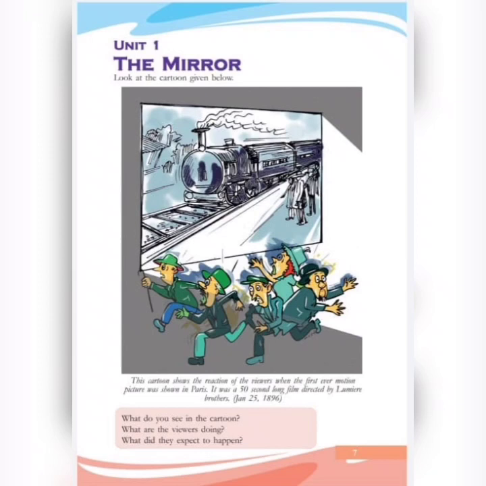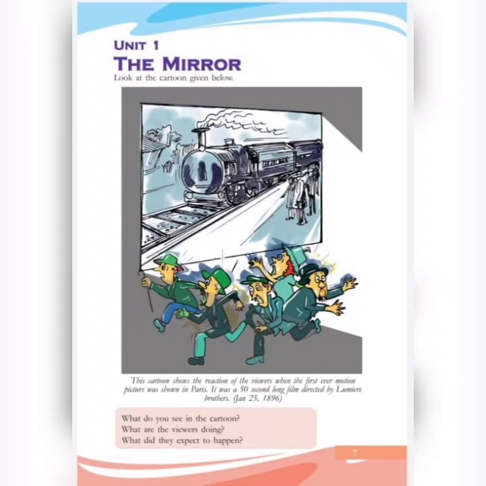Then, what are the people doing? They are running out of fear. Why are they running? Because they thought that the train in the cartoon was coming across them.